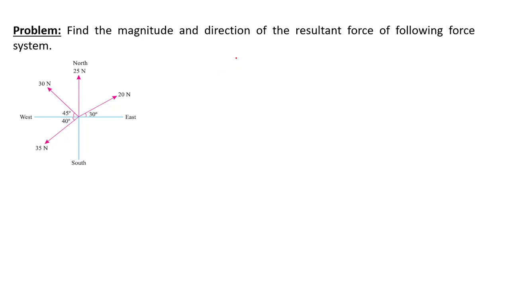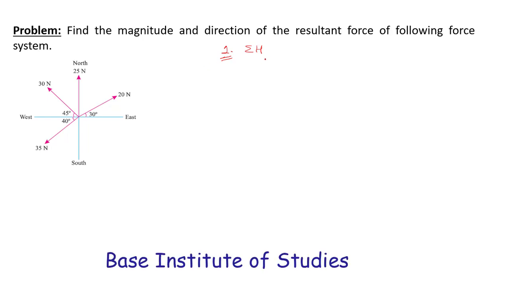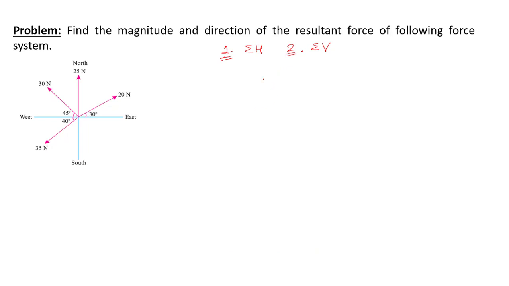So from the first step, we have to calculate sigma h, which means the algebraic sum of all the horizontal components of this force system. Secondly, we have to calculate sigma v, that is the algebraic sum of all the vertical components of this force system.